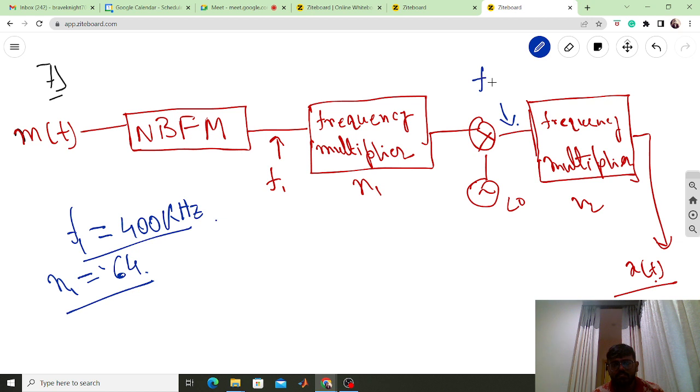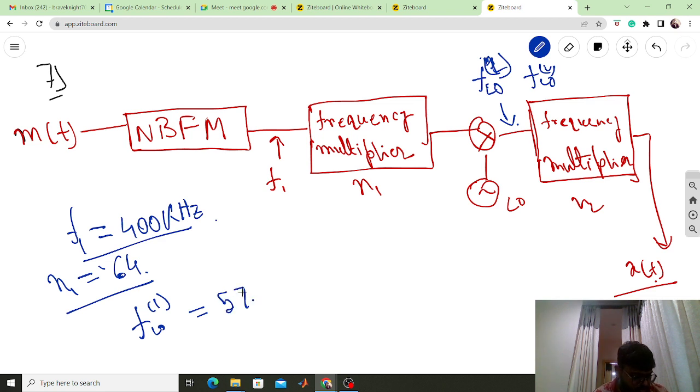Let us say that is F2. We say that FLO 2 here. So 1 and 2, FLO, there will be two frequency components. We have found out the center frequency, that is FLO of 1 is 57.2 megahertz and FLO second frequency, that is 4 megahertz.